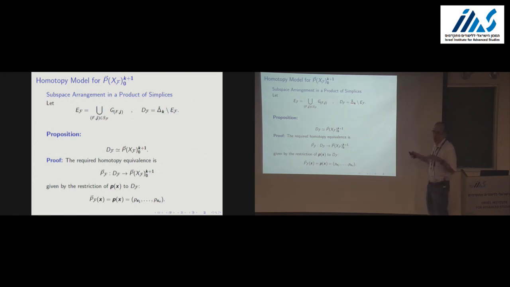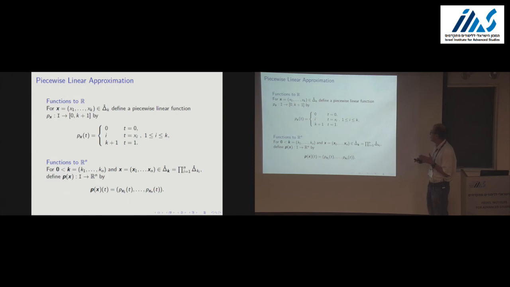If you take open simplices, take the product, and take the one-point compactification, you get a sphere. From this sphere, you remove something. This something is a plane arrangement in the product of the simplices. So the answer is that yes, there is a homotopy description of this.